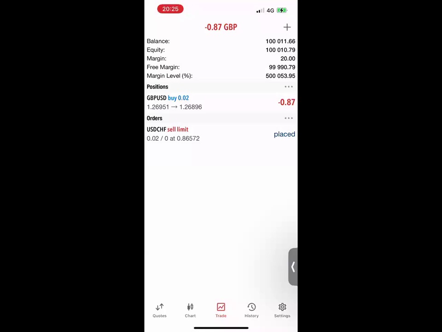Now, let's talk about break even. So how do you break even and what does break even mean? Right? So break even is another word for securing your profits and another word for moving SL to entry.